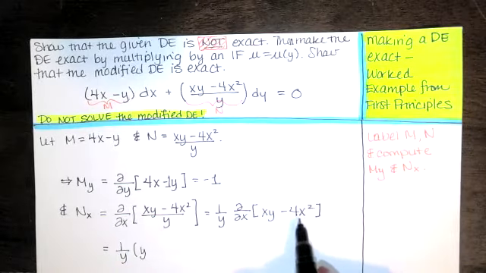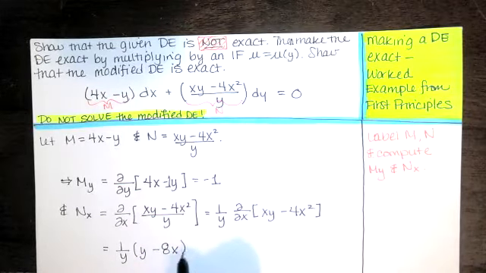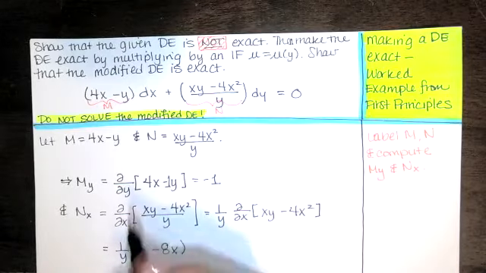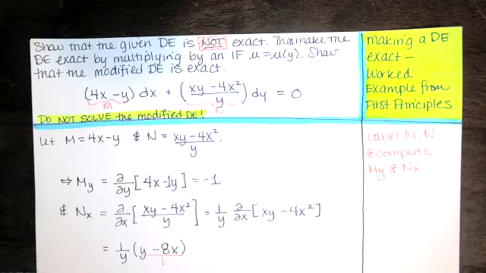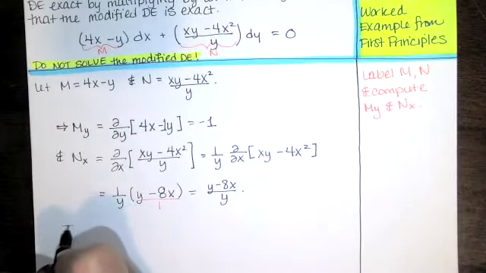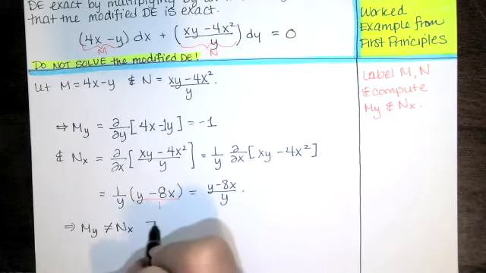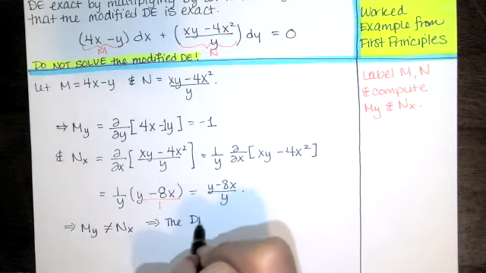And then the derivative of -4x squared with respect to x can be found using the power rule. We have this -4 times the power, so it's going to be -8 times x to the 1 less power. So that's our partial derivative. And if we choose, we can write that as a fraction again, multiply straight across. And you've got that. Now notice that those are not the same. Since those are not the same, the current DE is not exact.